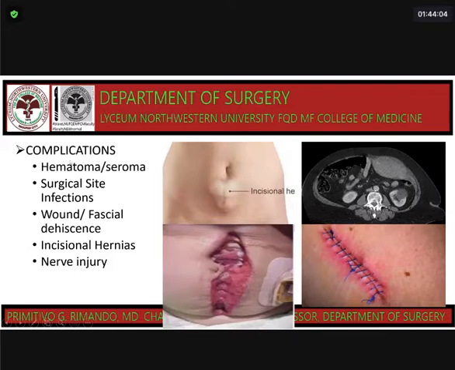You can have surgical site infections, just like this one. An incision here, now very erythematous. There's erythema. Although you cannot see pus coming out yet, that's already considered a surgical site infection. Here we have a patient with a wound and a fascial dehiscence.